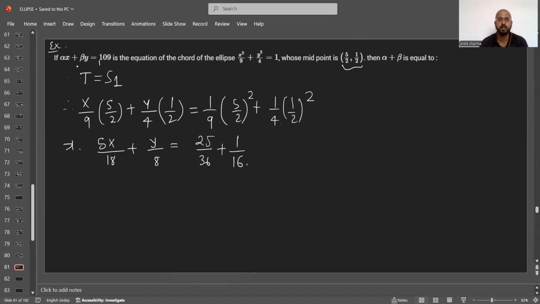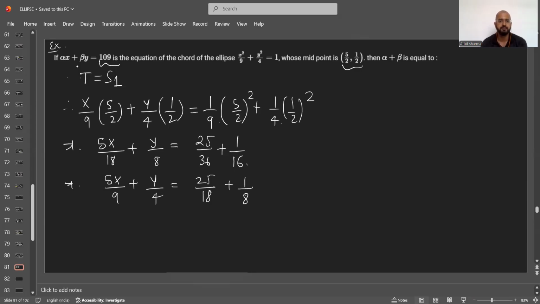We need to bring 109 into the picture anyhow here. So let's go ahead. This looks like 18. That means from the denominator, I can cancel some of the things, and I'll be having 5x over 9 plus y over 4 is equal to 25 over 18 plus 1 over 8. So I've cancelled them by half. Because of this 9 I couldn't.